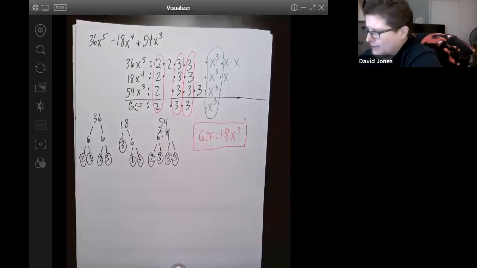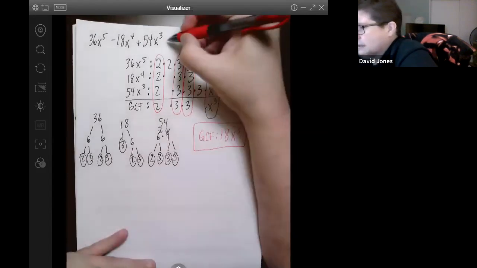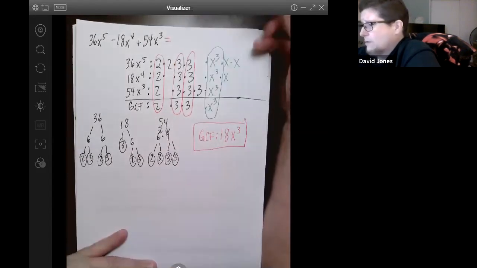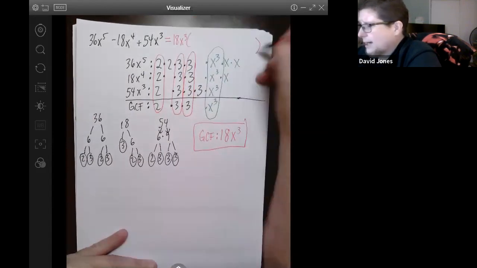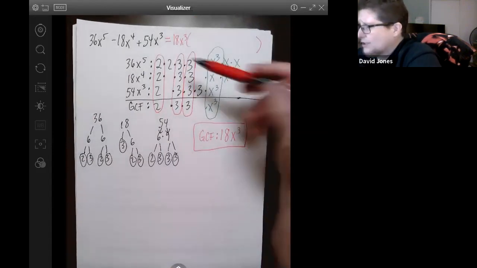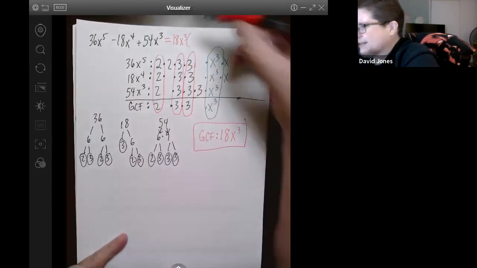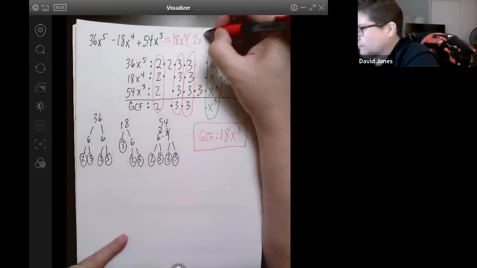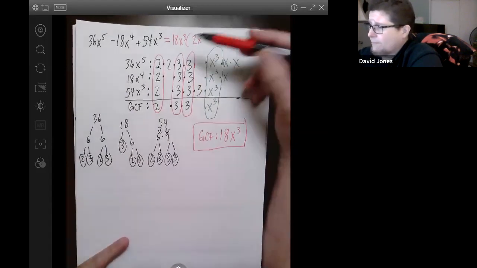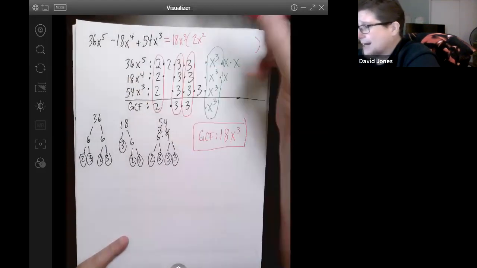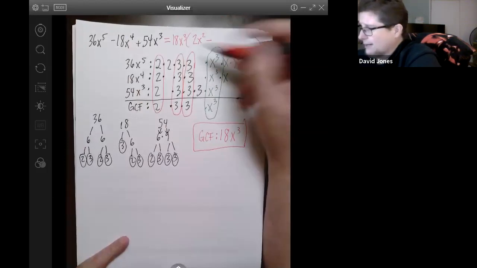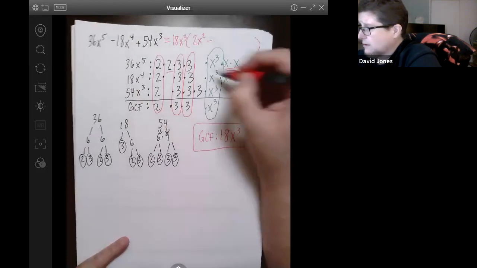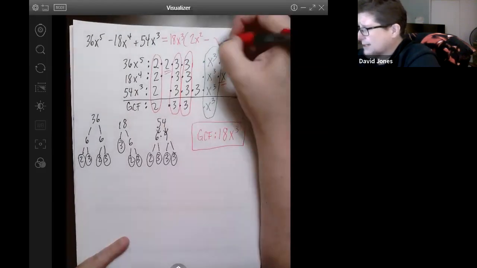Having done that, let's show what it factors to. We've got our 18x cubed. And what does that leave behind? I've got 2 times x is 2x squared. And in the middle row, I've got a minus sign, so minus just an x here, right? Minus x.